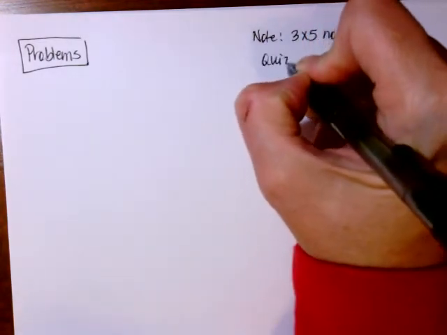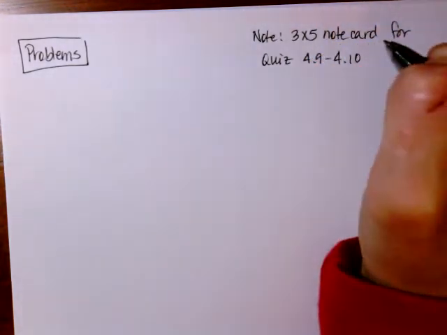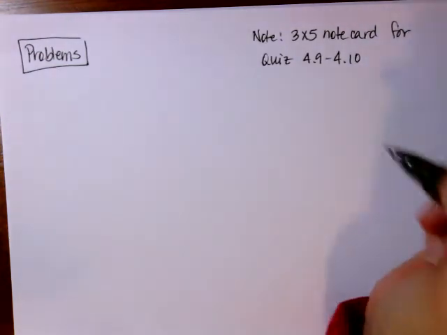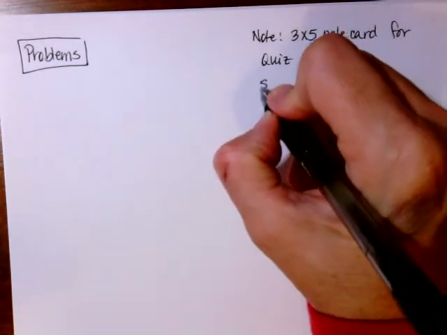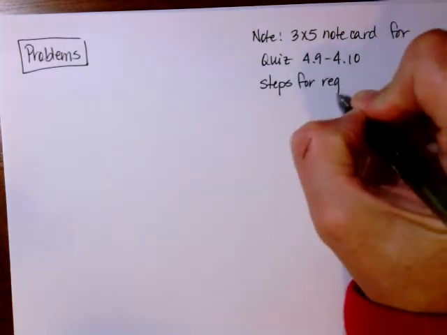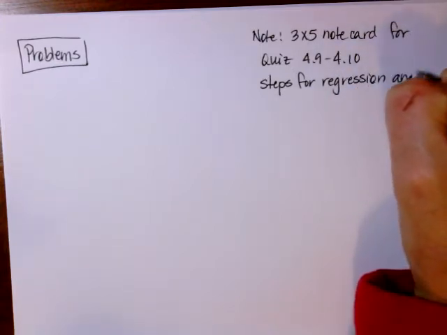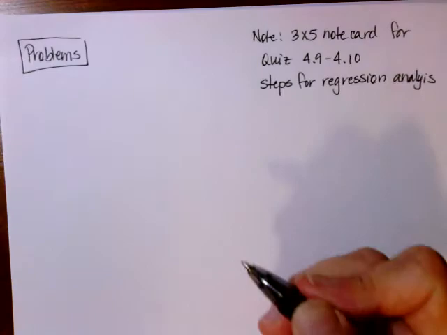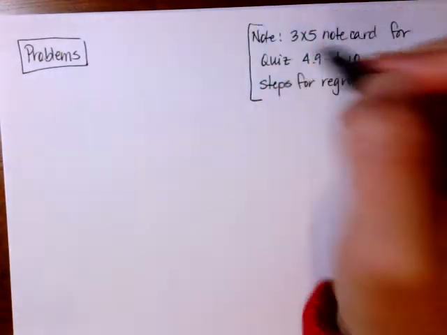And that quiz is going to be 4.9 to 4.10. We're not quite done yet, but when we get done, that will be our quiz. And you may include on that note card the steps for regression. And at that point, maybe if you put them in your own terms, it will help you to remember that process. So that's just a little side note.